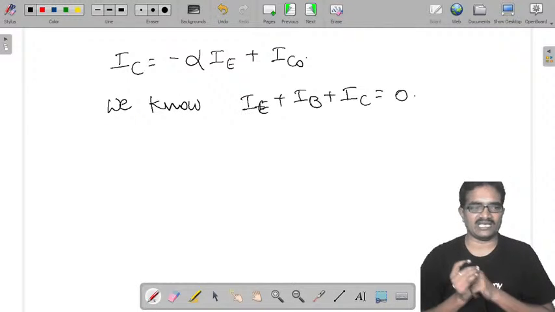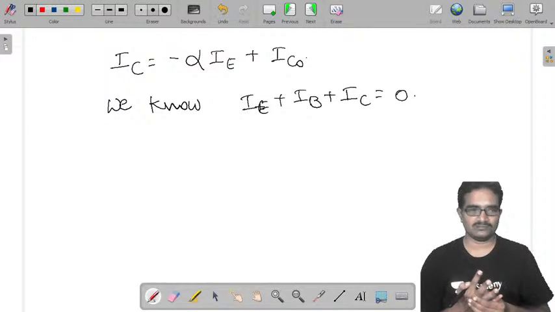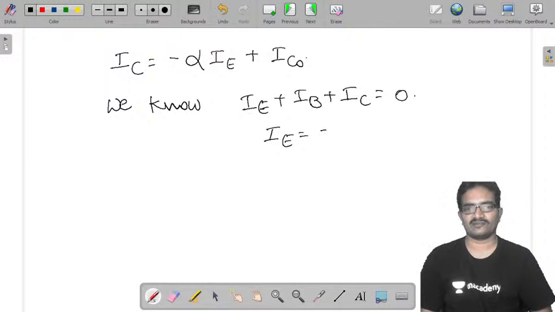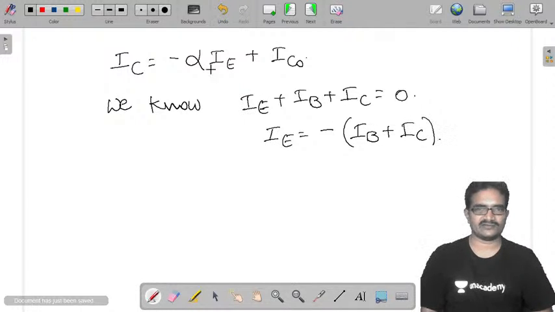Once IE plus IB plus IC equals 0, we can write from this IE equals minus of IB plus IC. Take this one, substitute here.